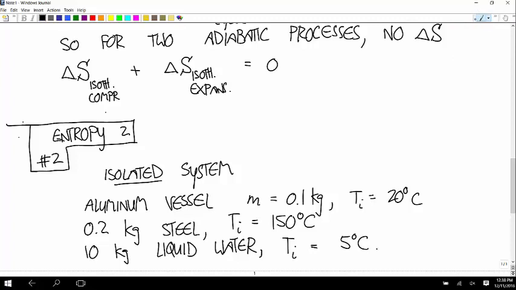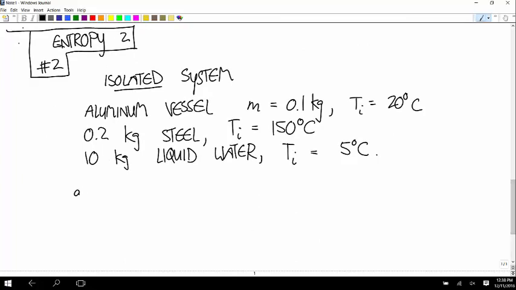And we want to know first, what's the equilibrium temperature? Second, what's the entropy produced?